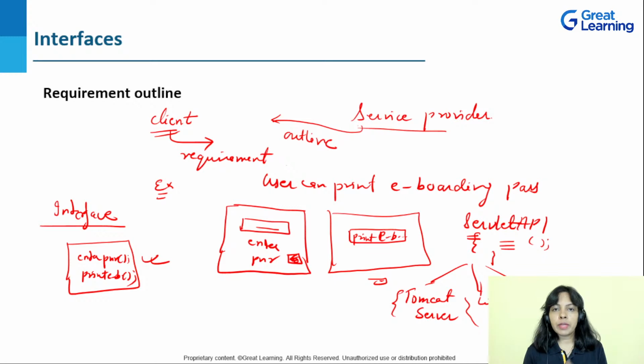Tomcat server will understand that it should have these methods and functionalities in its class. So an interface is basically used for providing an outline of the requirements. How that requirement is going to work is not the work of interfaces. Is the basic idea clear?